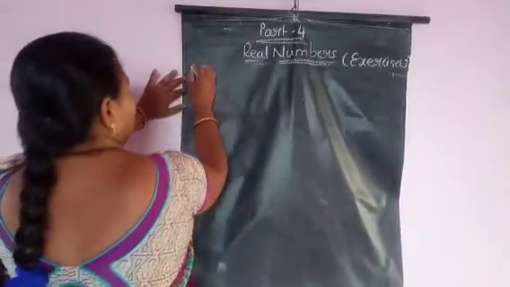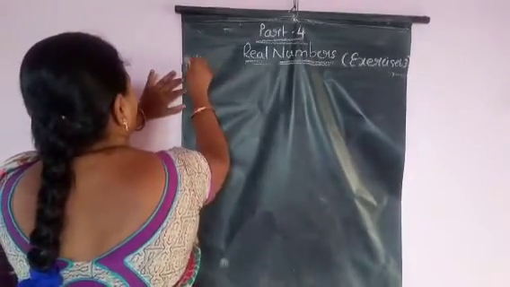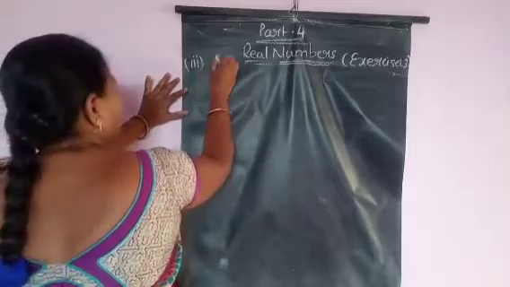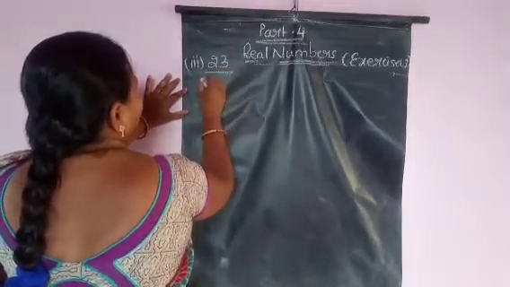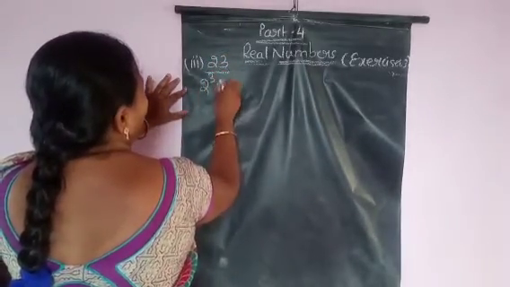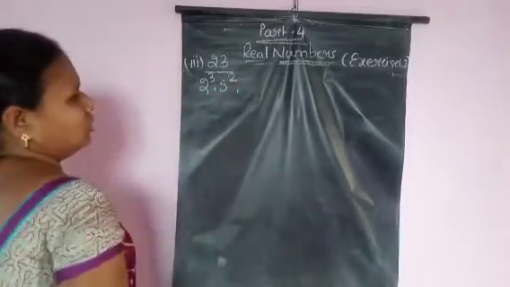The question is 23 by 2 to the power of 3 into 5 to the power of 2.